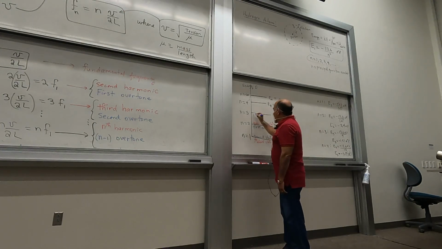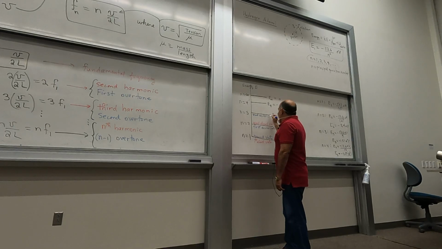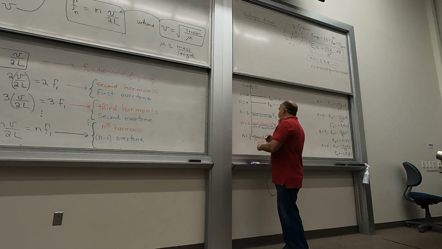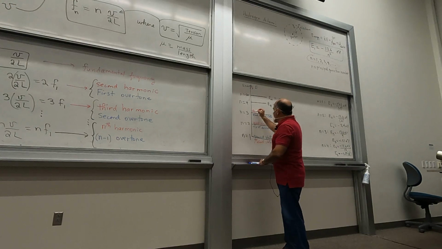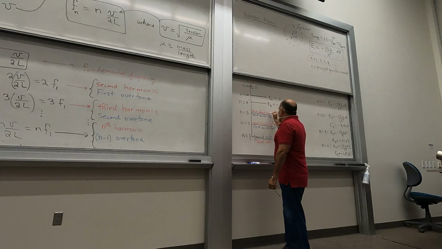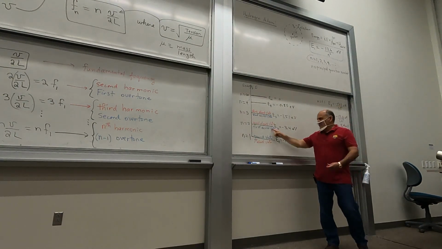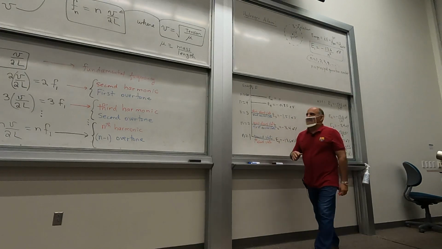The n equals 3 is the second excited state, or the third allowed state. Usually people call it the second excited state, the first excited state, the ground state.